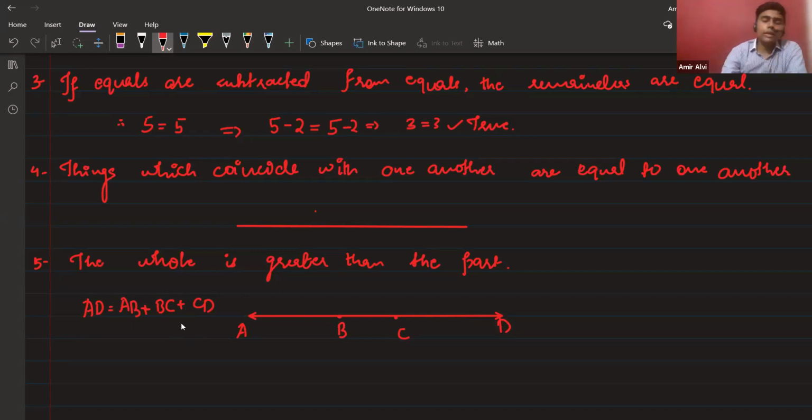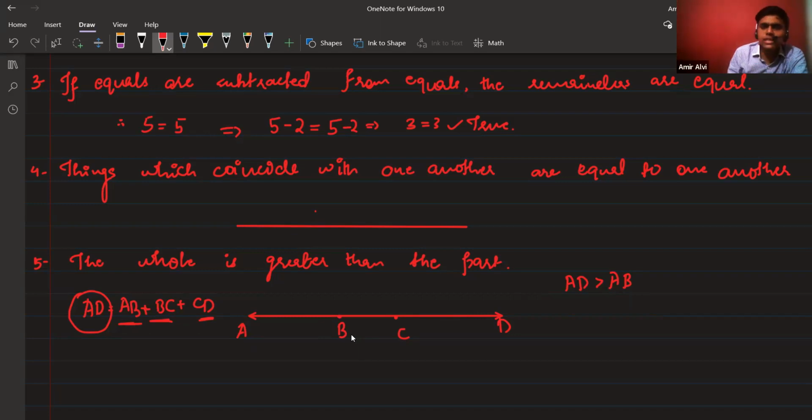So the axiom is saying that the whole is greater than the part. This is a part, this is a part, this is a part. If we compare AD with AB, is AD less than AB or greater than AB?